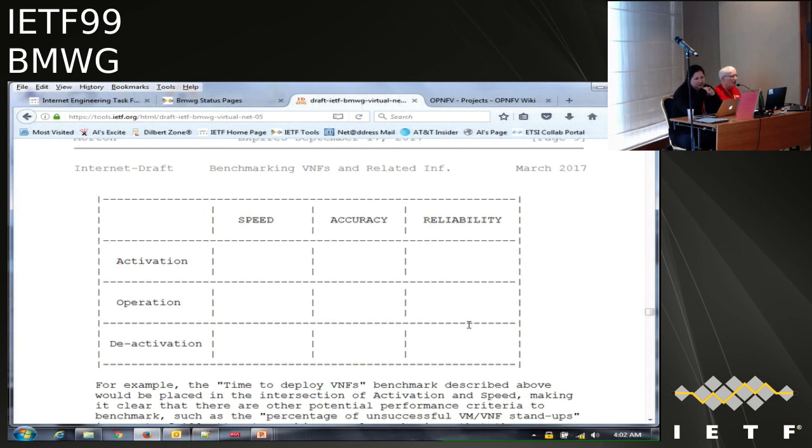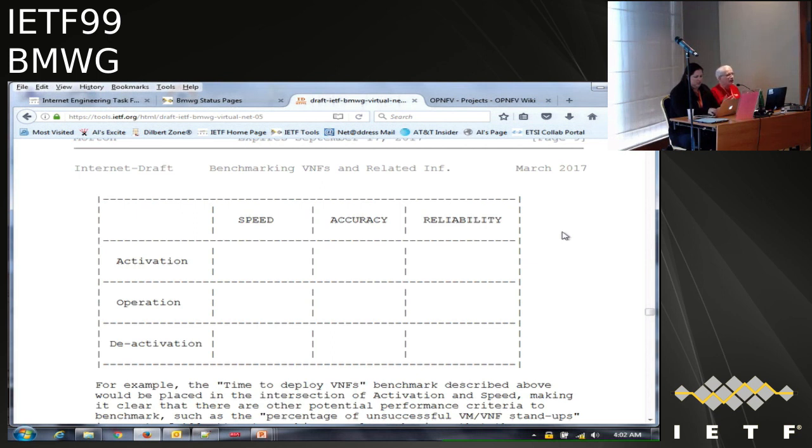performance metrics. And what we learned in the process of applying this to benchmarking is that in fact we needed an additional column here, one that measures the scalability of the size of the devices and the network functions that we're benchmarking.